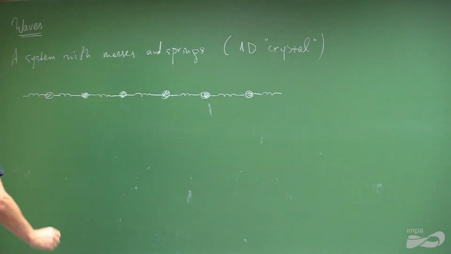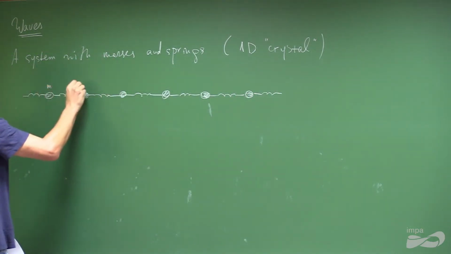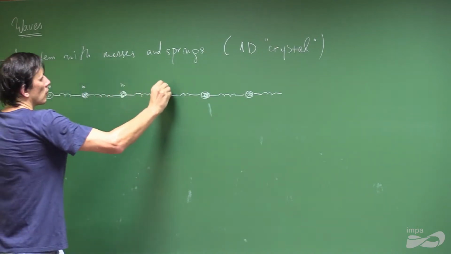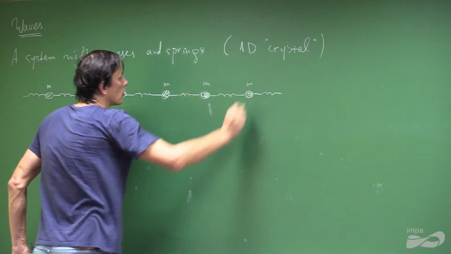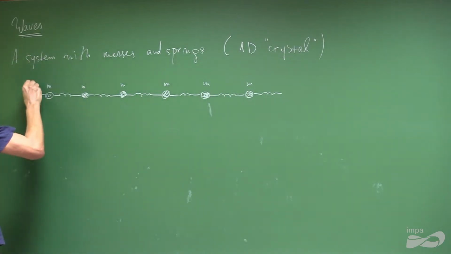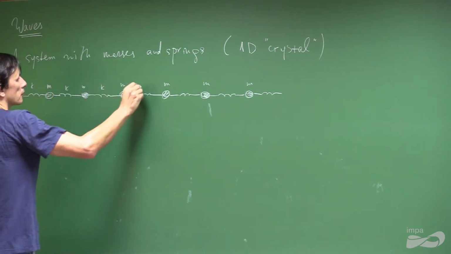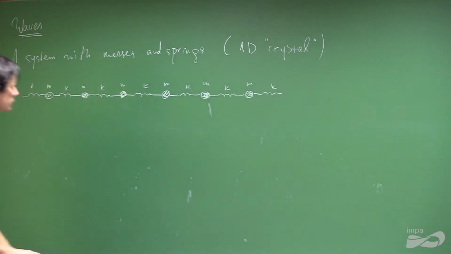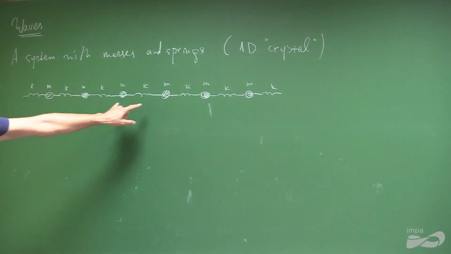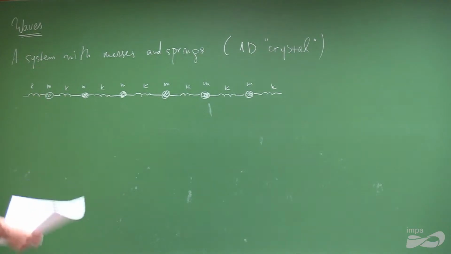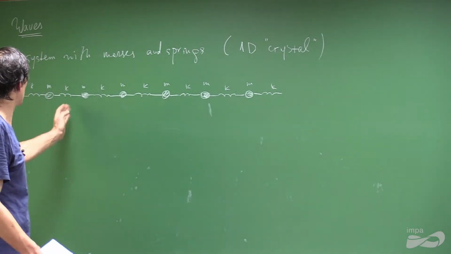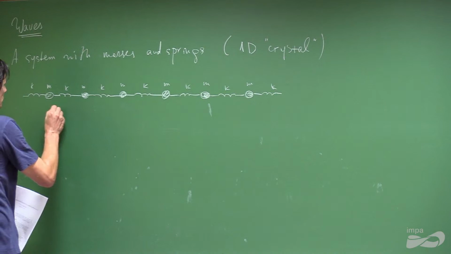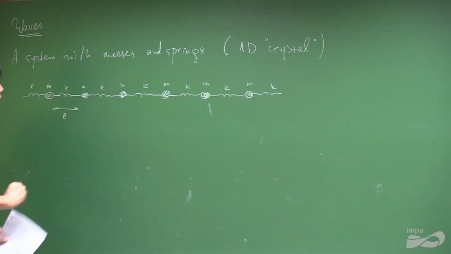So the masses are all the same, and springs are all the same, so they have this coefficient k. And you can think of it as particles interacting elastically with each other, and they can vibrate. The distance between all of them is the same number L.